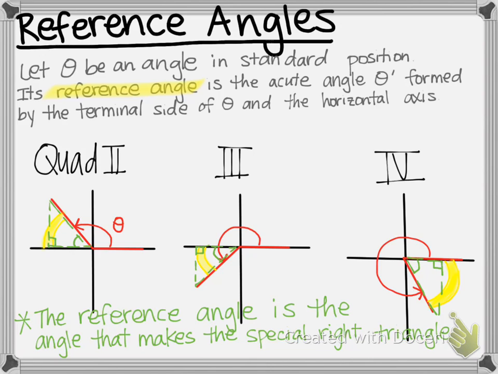So we use the reference angle to help us figure out if it's going to be radical 3 over 2, radical 2 over 2, or 1/2, and then we use the fact that sine, cosine, tangent are positive in particular quadrants to help us solve the final question. So let's take a look at some examples.